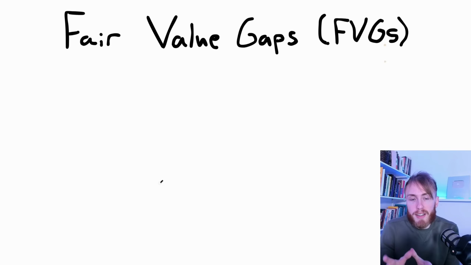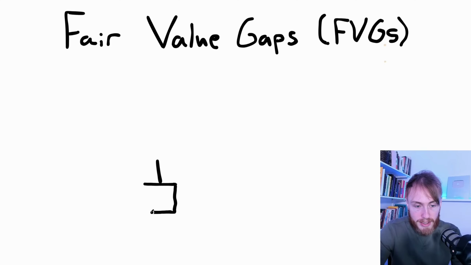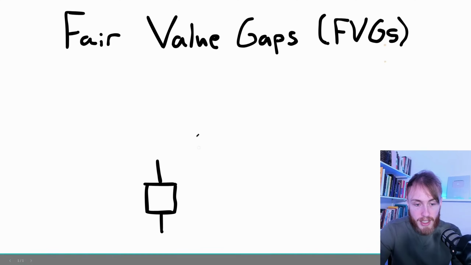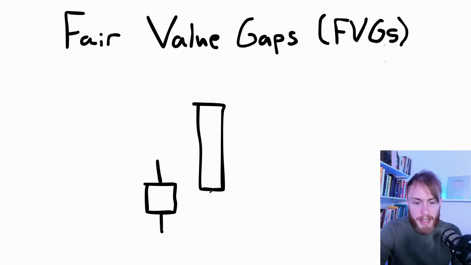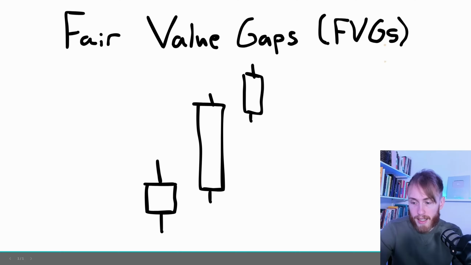So now, in order to find fair value gaps, the easiest way is to look at 3 candles. So let's say that we have 3 candlesticks right here. Right here is the first candle. Then we have a strong momentum candle right here. And the next candle might look something like this. As I said, many traders are overcomplicating fair value gaps so much.